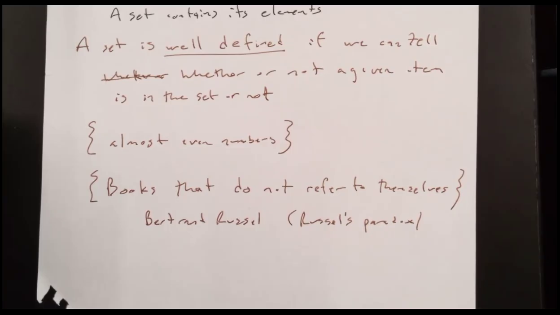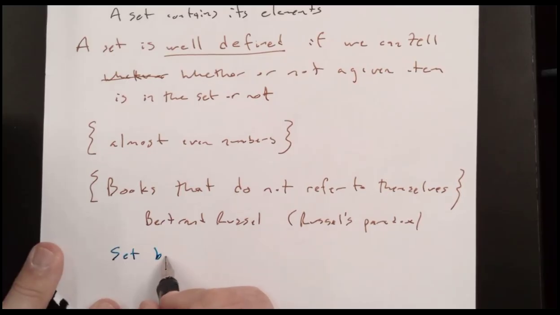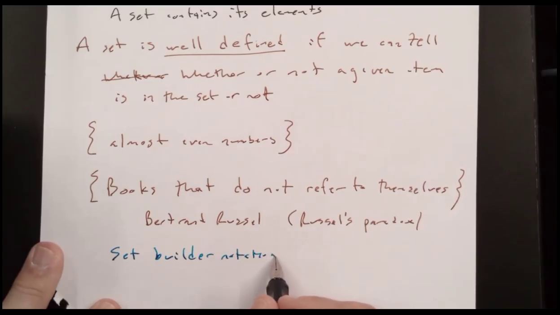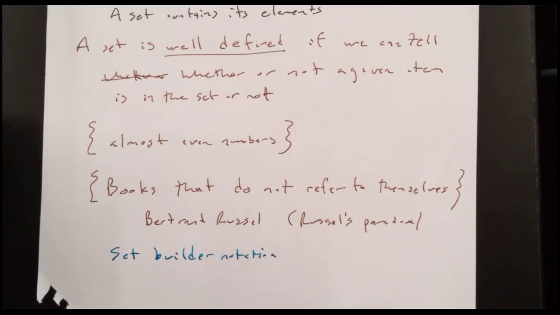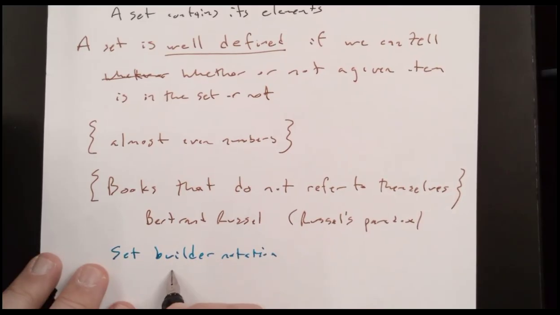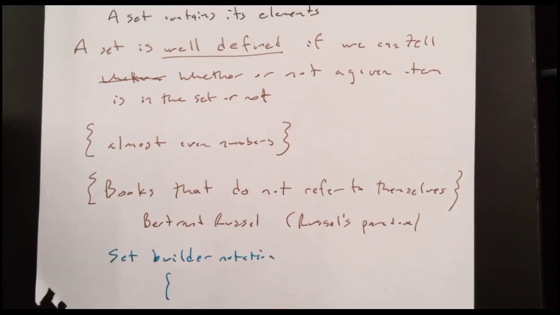If I have a descriptor like this, this is referred to as set builder notation. You've seen this a lot, where we write down a set by describing the things that go into it.